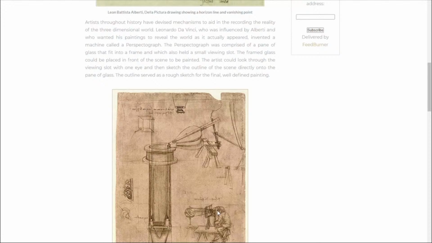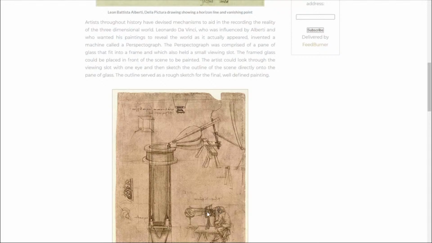It looks like a stable camera without any movement, and there's a framed glass here, and they can copy the lines quickly for a rough sketch, and then use it as a reference for their painting.